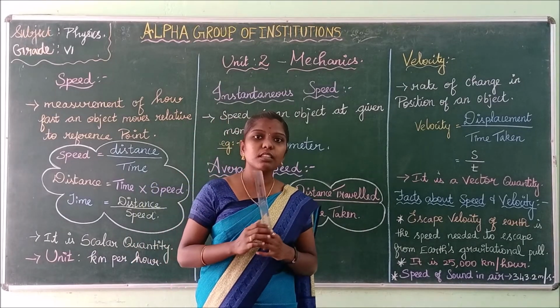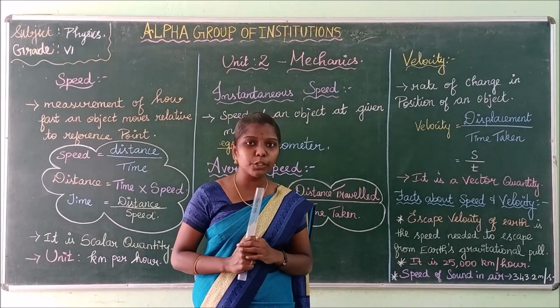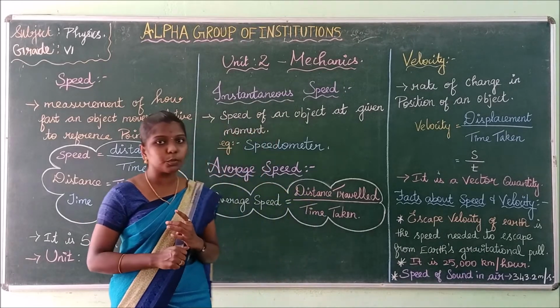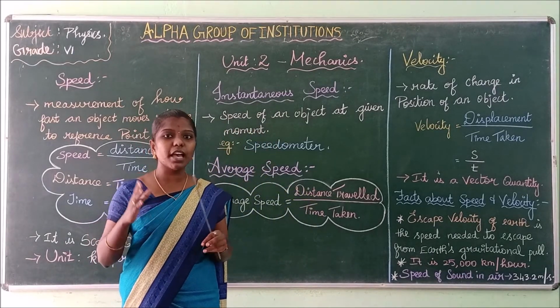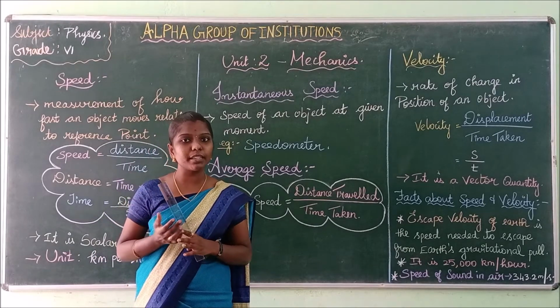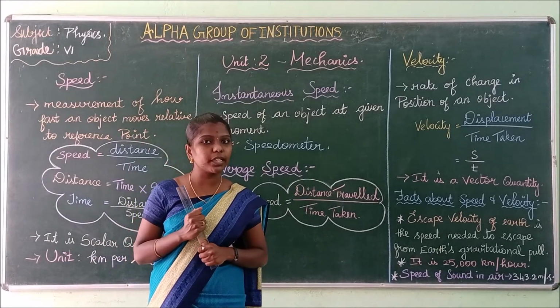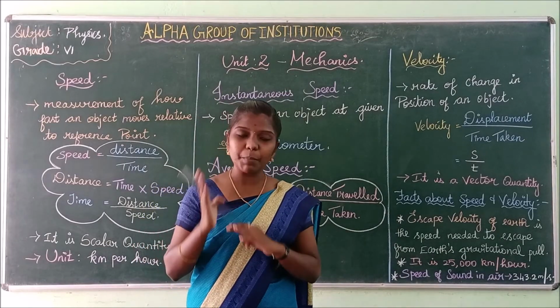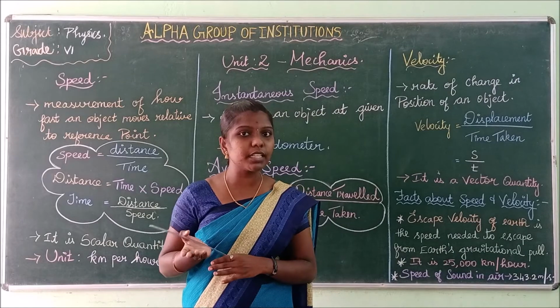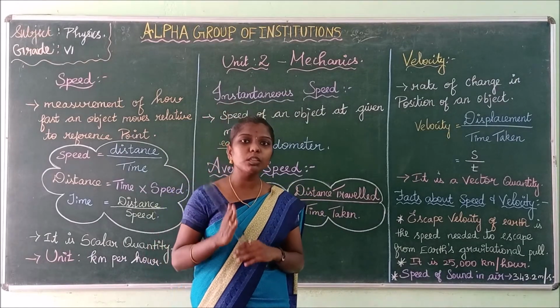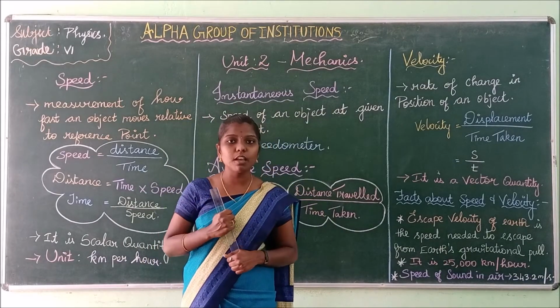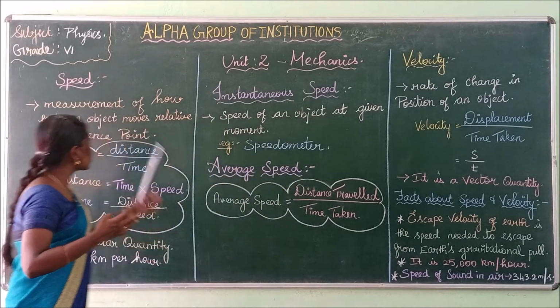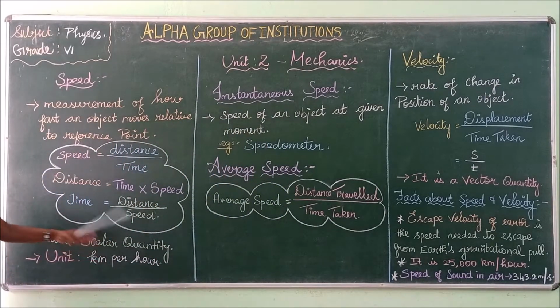The quantities that have both magnitude and direction are called vector quantities. So speed is a scalar quantity, as it has only magnitude.